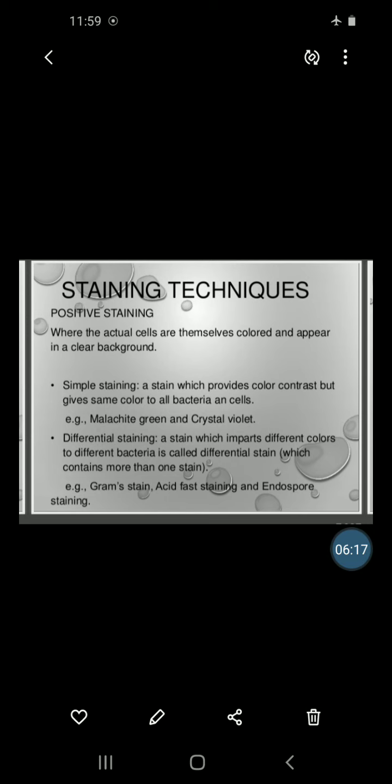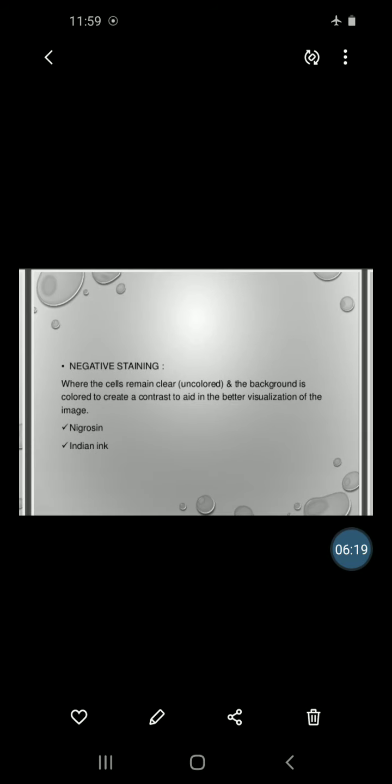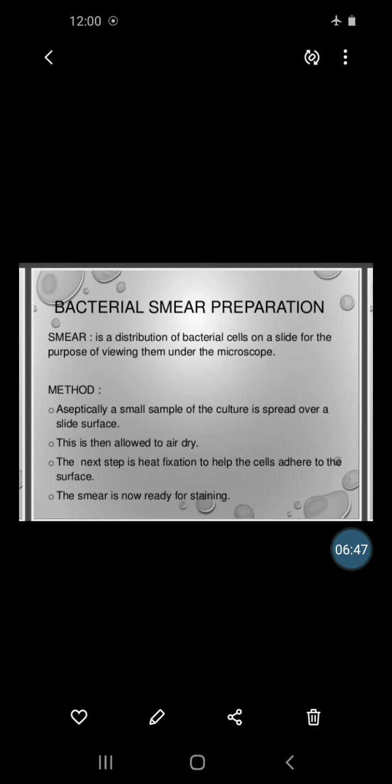And when it is negative, the cells remain clear or uncolored and the background is colored, to create a contrast for better visualization of the image. This is the main difference between positive staining and negative staining. For example, in negative staining, nigrosin and Indian ink.